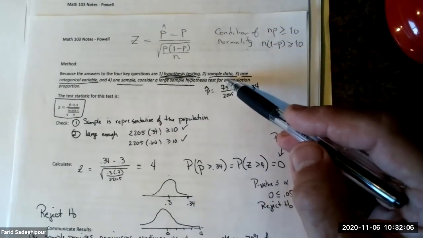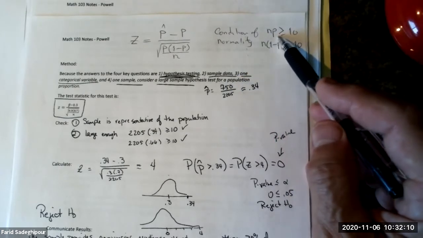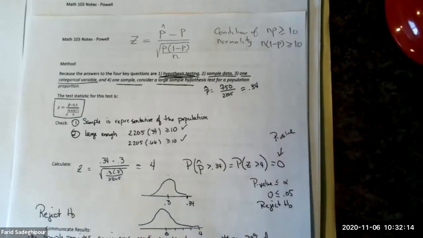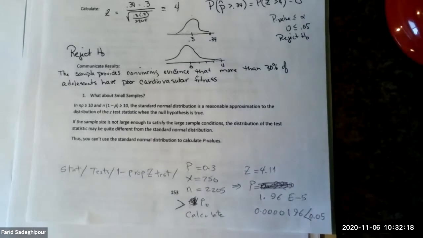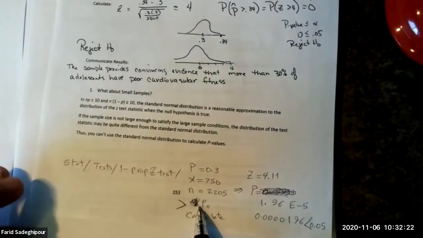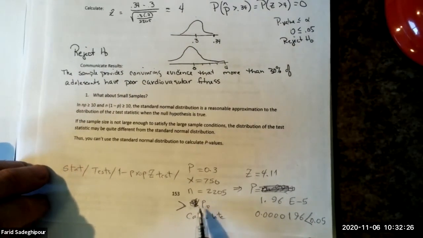This is when the distribution is normal. In order to do that, you want to make sure that n times p and n times 1 minus p are both greater than 10. These are two conditions that need to be met. Like in this problem, I use a calculator here. Again, I'll put the greater than sign here.